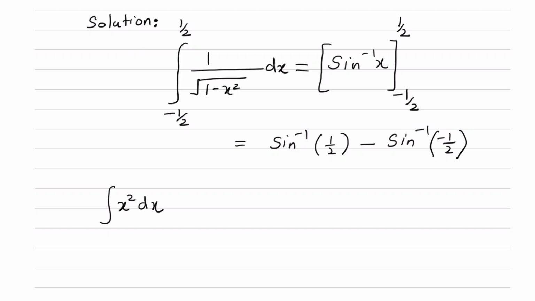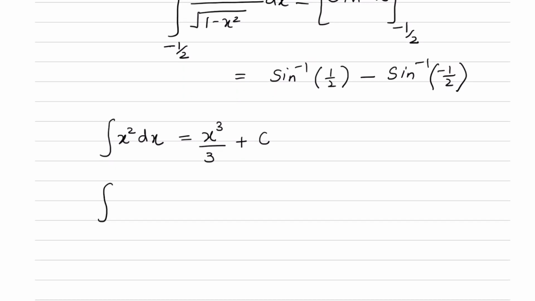Let's say we have to solve this integral. This is not a definite integral because we don't have the limits. So when you solve this by power rule of integration, you get x cubed by 3 plus some constant. But when we are solving a definite integral, in that case we don't put this constant c. This integral minus 1 to 1 x square dx, you simply solve this integral without c and then you put in the limits.